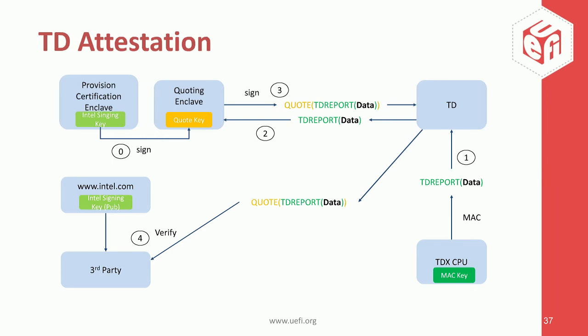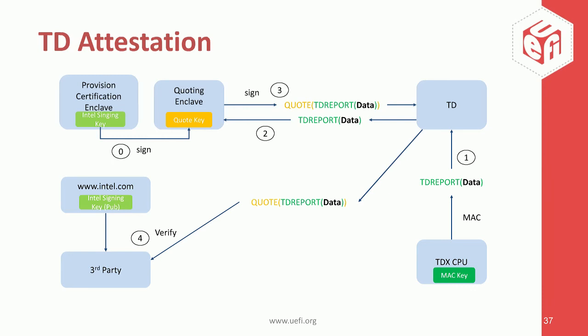In order to support that, the TD must pass the TD report to the quoting enclave and let the quoting enclave change the TD report into a TD quote. That is step 2. Step 3, the quoting enclave calls the EVERIFYREPORT instruction to verify the TD report and make sure the report is correct.